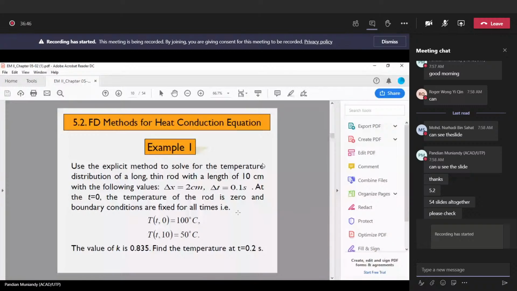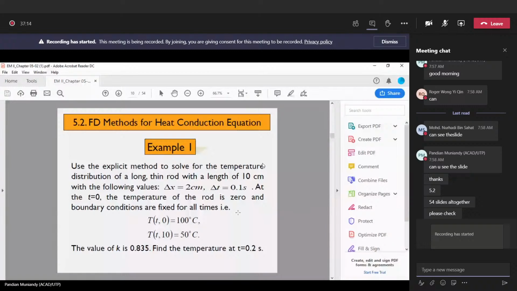These three methods will have different solutions. But which solution is the best depends on the convergence criteria, the error analysis and the stability. That is the end game of this topic. The first method, explicit method, we already did last week as well. But today we will do the implicit method.